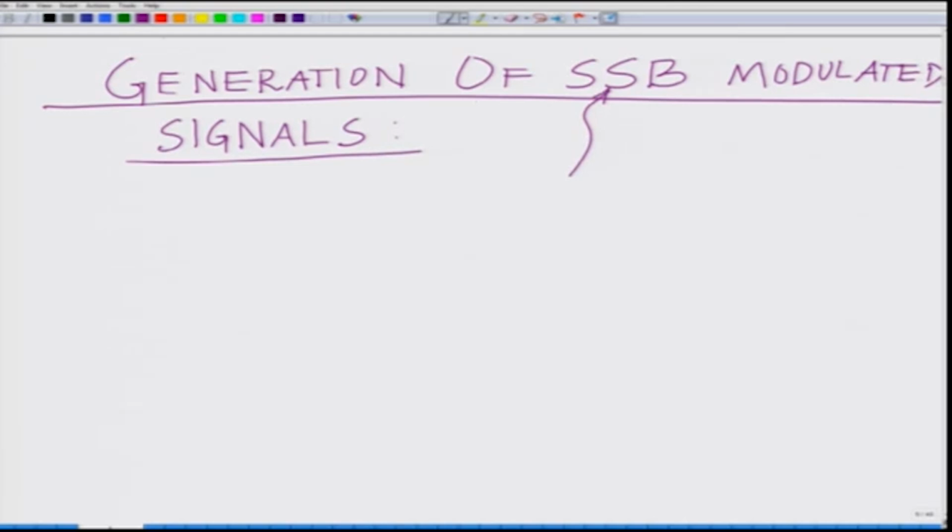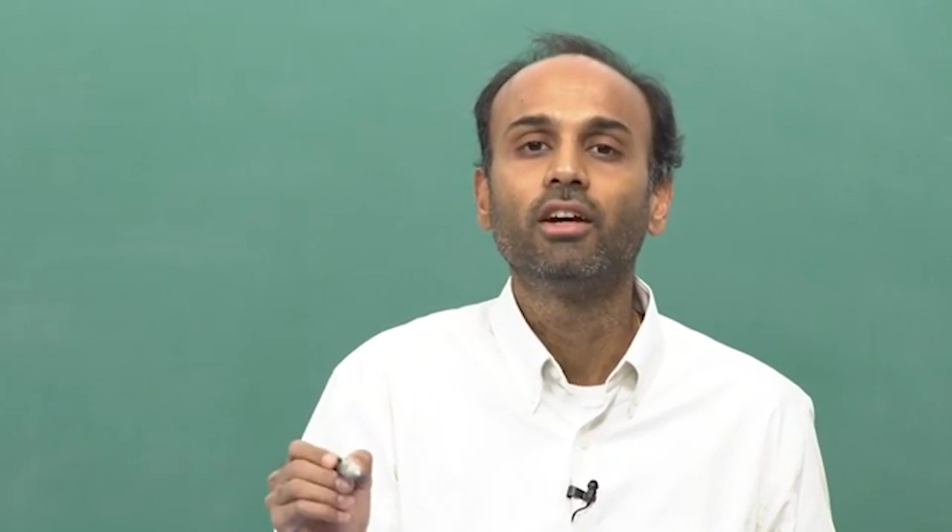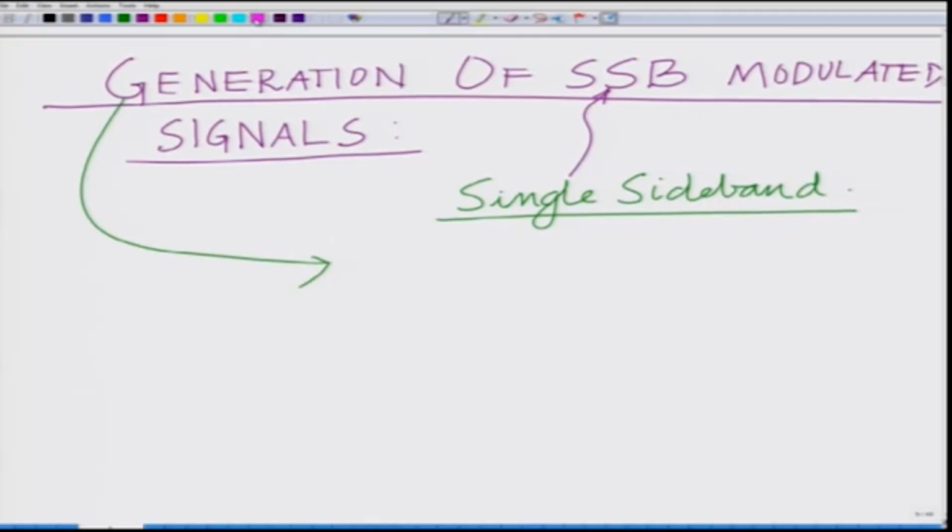Remember, SSB stands for single sideband modulation, correct? Single sideband. There are various techniques, and in particular the technique that we are going to look at is termed frequency discrimination. So, the frequency discrimination technique for generation of SSB modulated signals, alright.